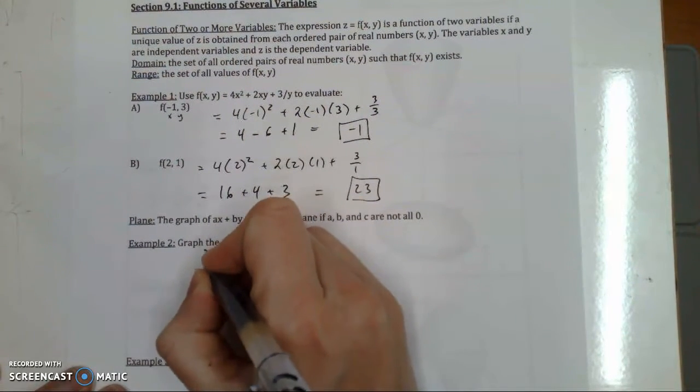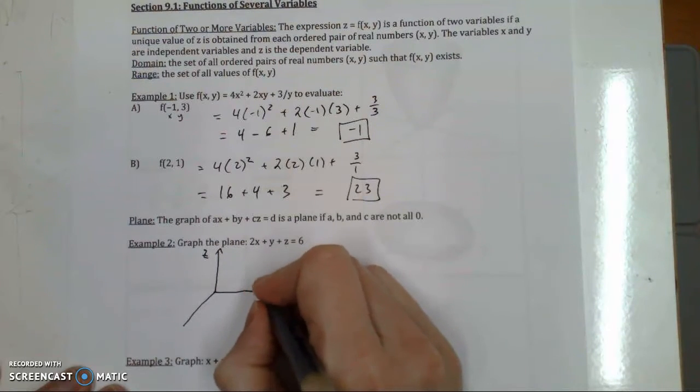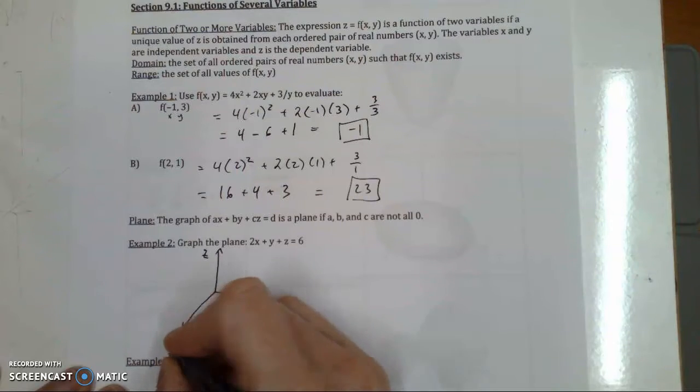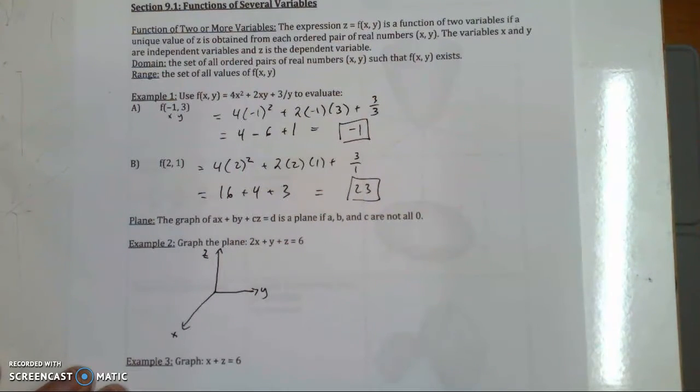So z is the axis that goes up and down. You'll notice I write z with a little cross through it, so you can tell it's not a 2. Y is the one that's going left and right, and this diagonal one is our x. We're imagining that this is the one that comes out of our paper. Since we can't actually draw it that way, we're going to just draw it at an angle.